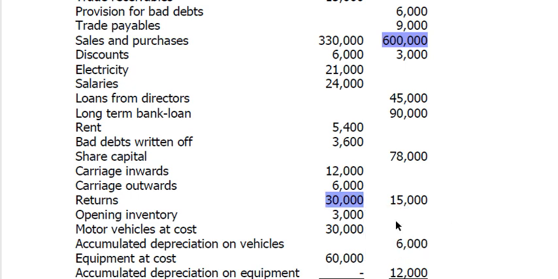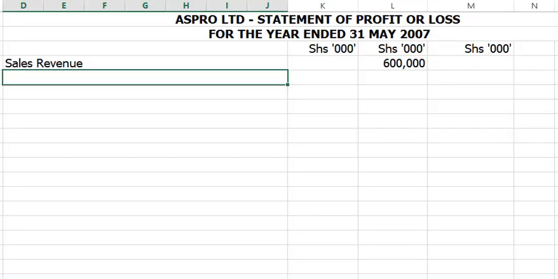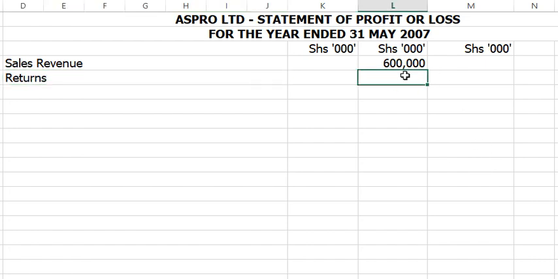Their balance will always be on the debit column of the trial balance. So we list the returns, that is 30,000.